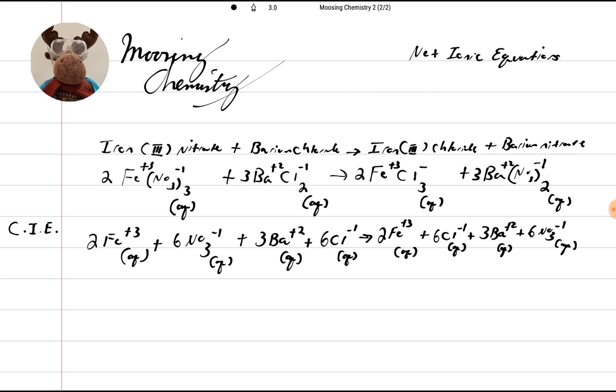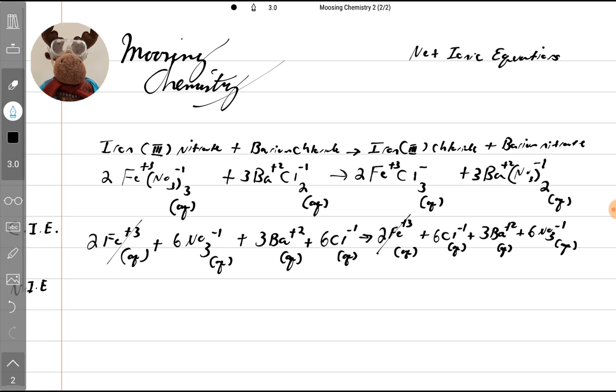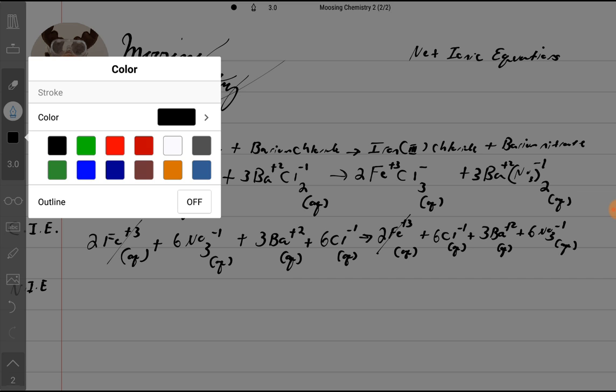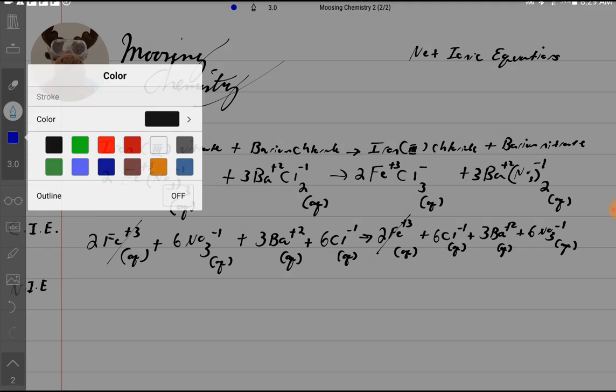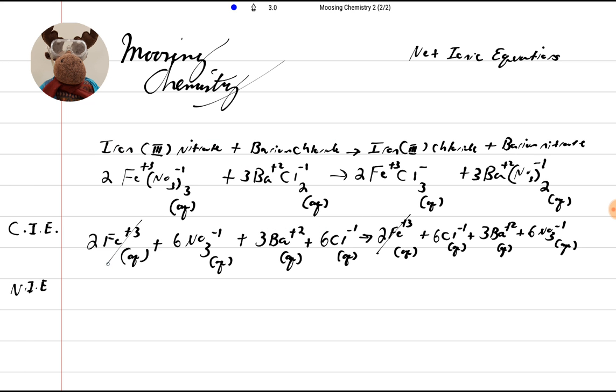Now let's do our NIE. We're looking for our spectator ions. We've got to get rid of those to figure out what the net ionic equation is going to be. The iron is aq on the left and also aq on the right, so it cancels out. Let's change colors and pick blue. Blue cancels out there and there.